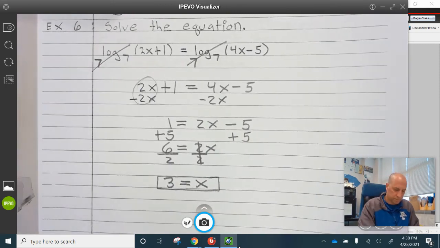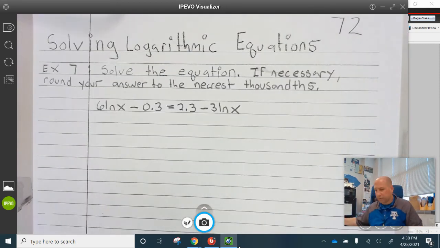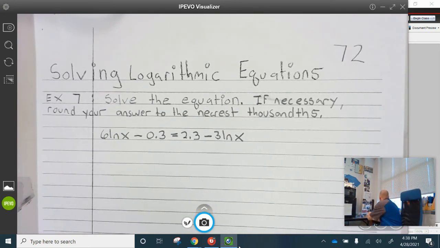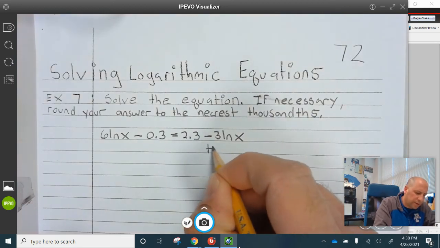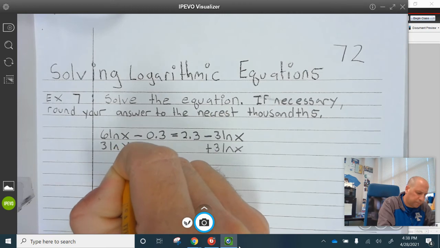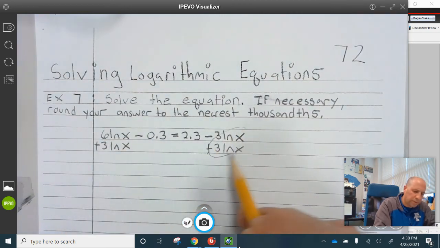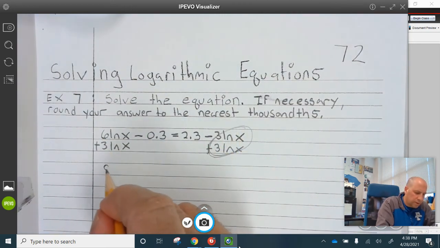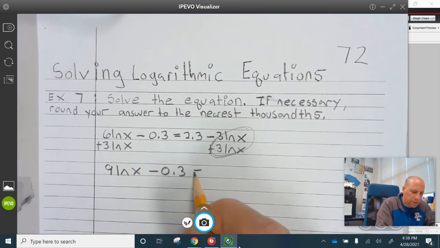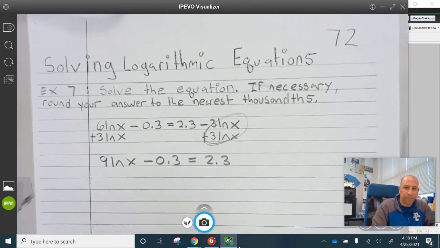All right, example 7. Solve the equation and if necessary, round your answer to the nearest thousandth. Okay. Now, first thing we need to do is add 3 natural log of x to both sides. That becomes 0. You get 9 natural log of x minus 0.3 equals 2.3.